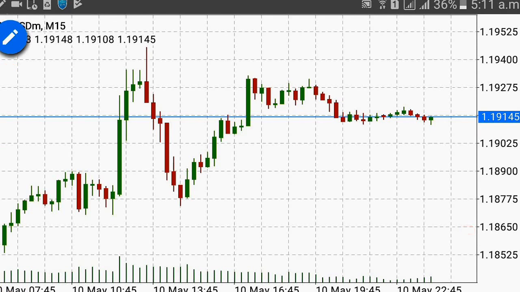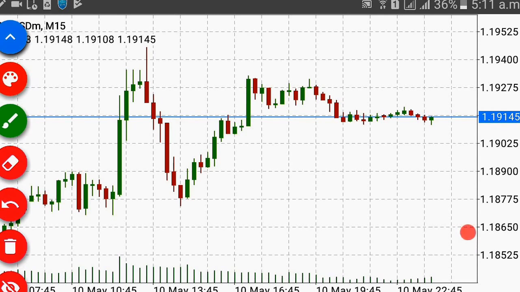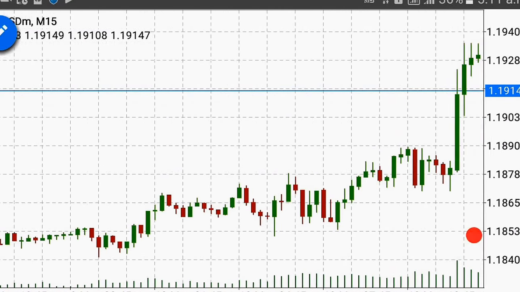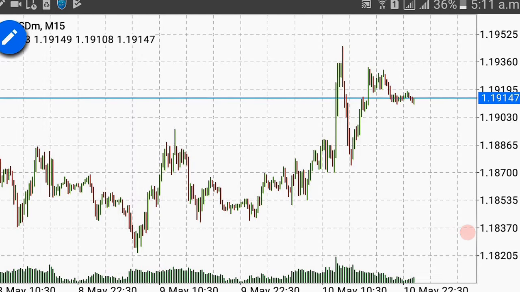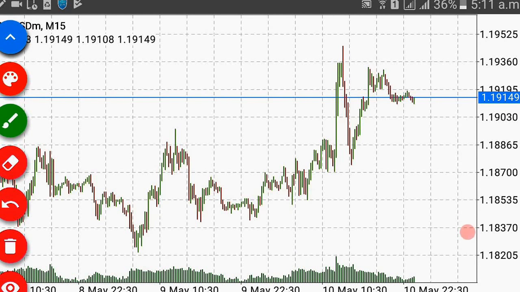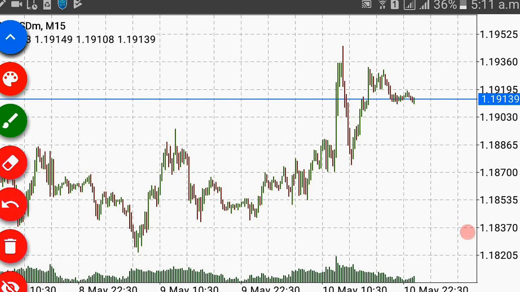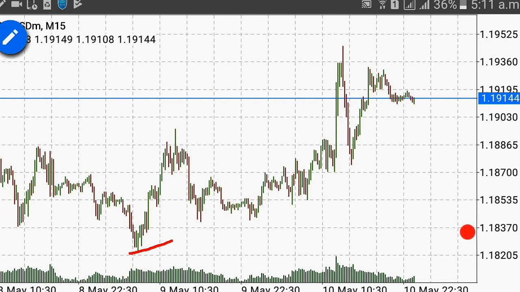Then, just a second. Actually, this you can call the last 30-degree buying angle.